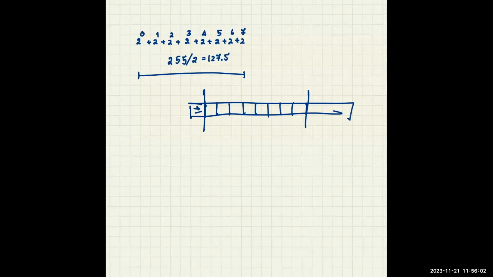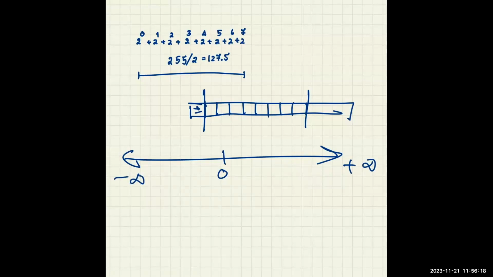Okay. If I store number 1 for 8 of them, I will reserve that for my infinities. Does it make sense? Because my real line, 0 and plus infinity and minus infinity, we cannot do it. But with this, I will have the largest number that I can store.